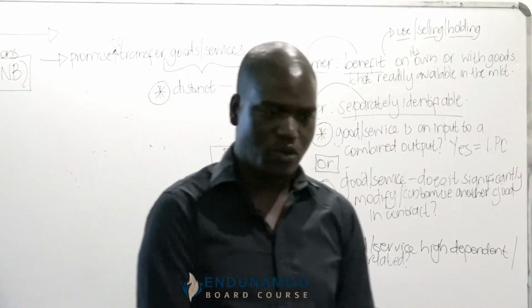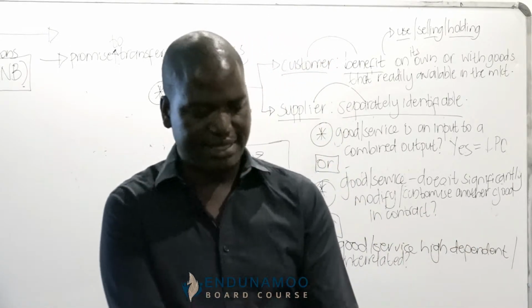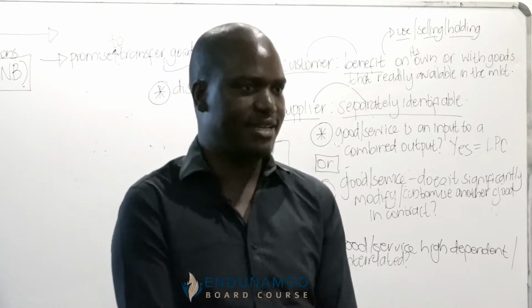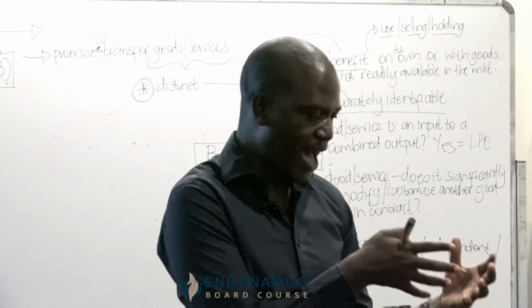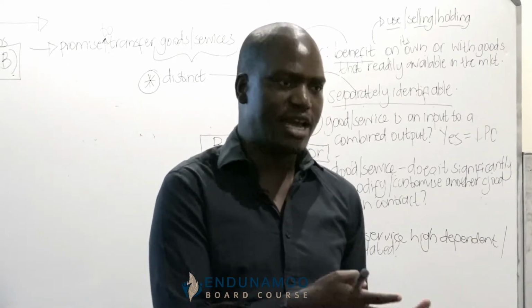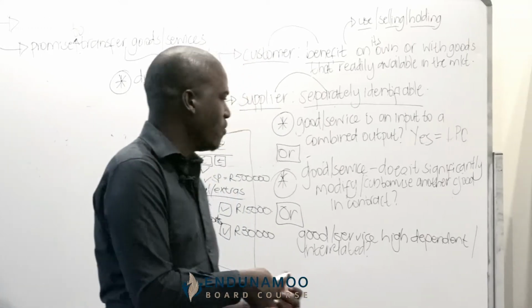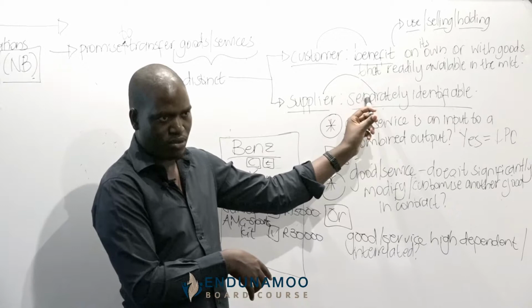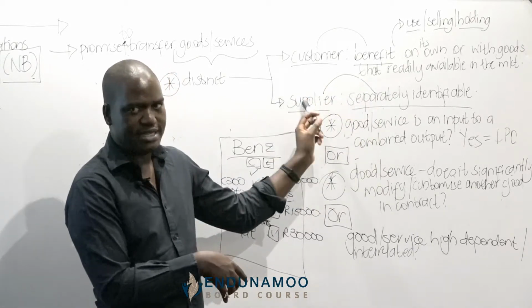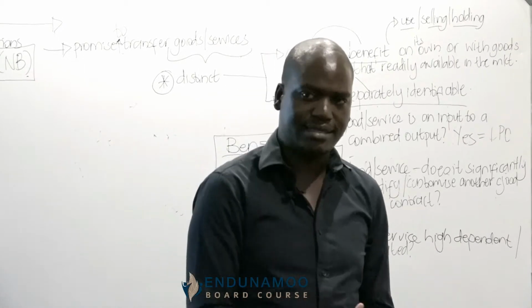Because what we are saying is that the game, since it requires the disk, is highly dependent on that particular disk. And if it is highly dependent on that particular disk, what we are therefore saying is that the two are not separately identifiable. And therefore, when you buy a disk, you are actually buying a single item. Is that clear?